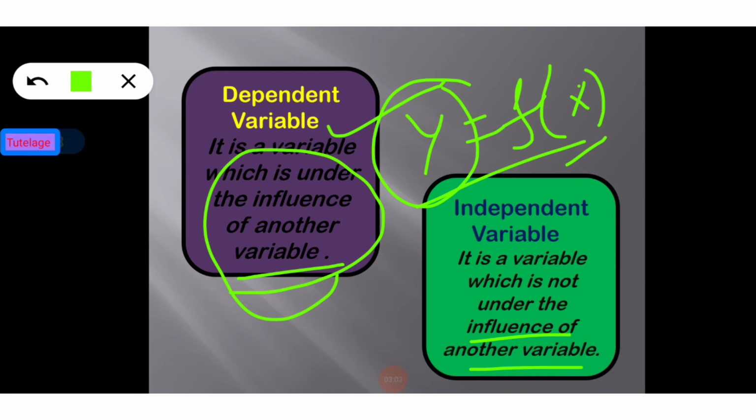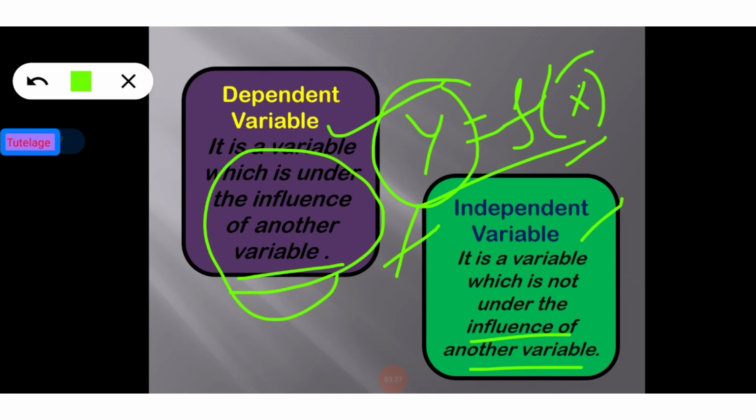So the variable x is not under the influence of another variable like y. So x is the independent variable and the value of y is dependent on the value of x. That's why y is the dependent variable and it is under the influence of another variable like x.